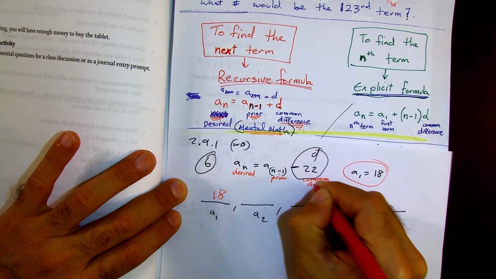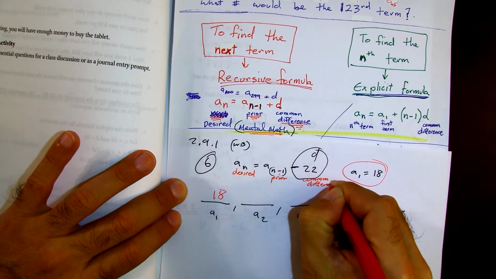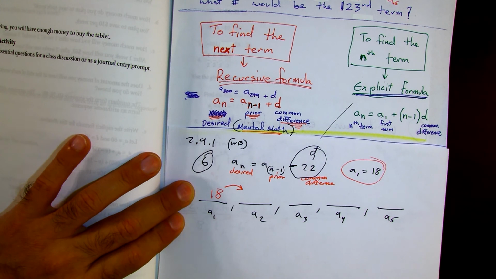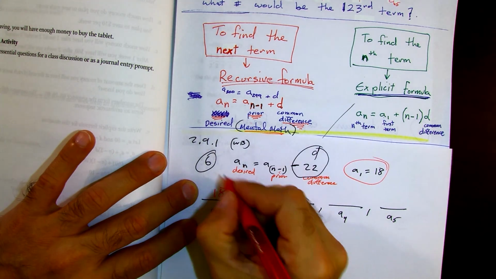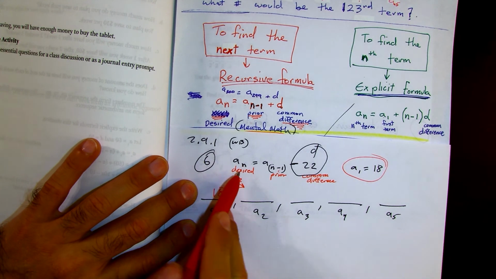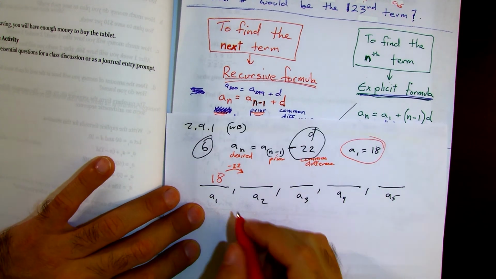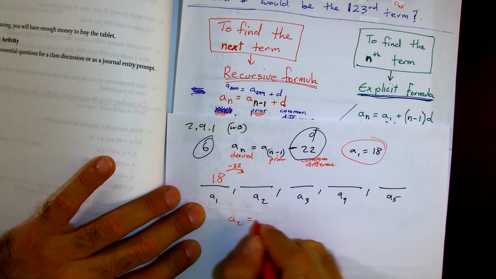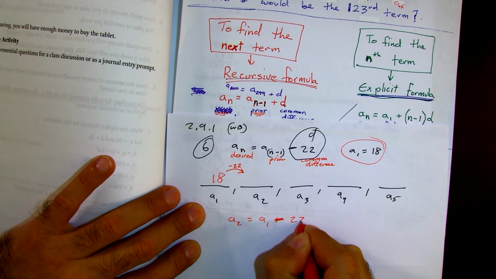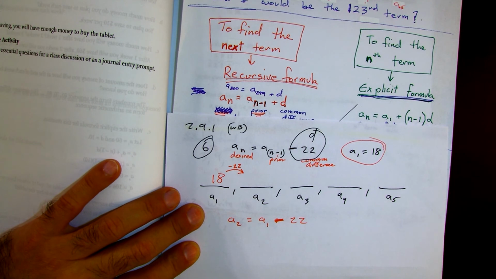Remember, the common difference is just how many we add to get to the next one, and we know it's negative 22. So you could work this out: a sub 2 is equal to a sub 1, minus 22. That's all our recursive formula helps us do. It just helps us get the next term.